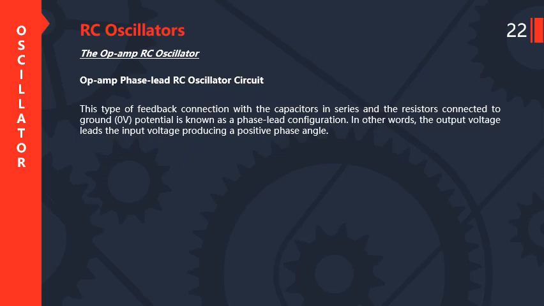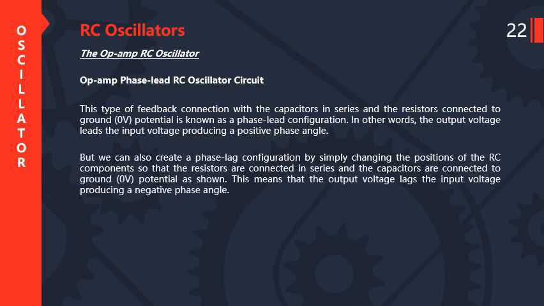This type of feedback connection, with the capacitors in series and the resistors connected to grounded 0-volt potential, is known as the phase lead configuration. In other words, the output voltage leads the input voltage, producing a positive phase angle.